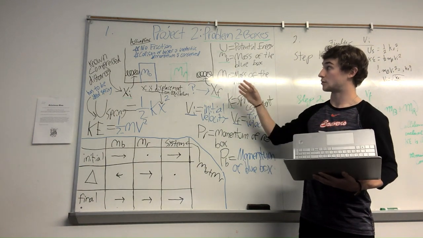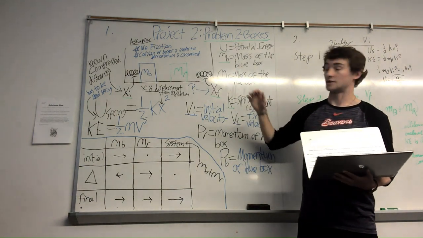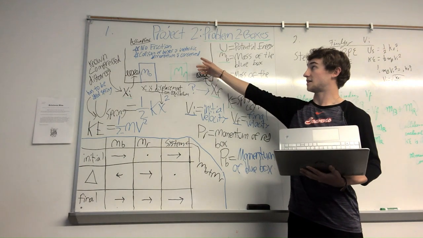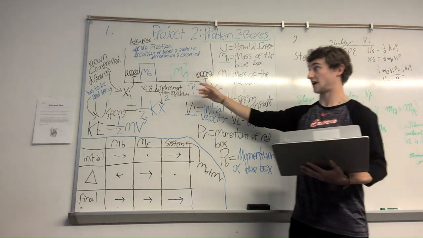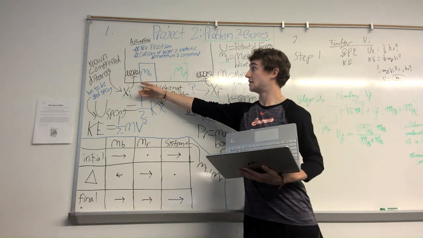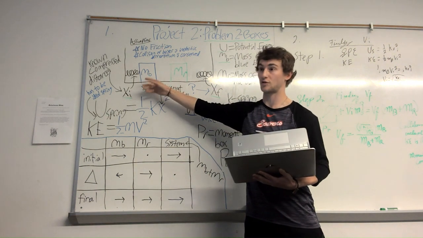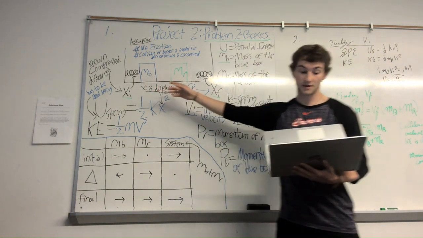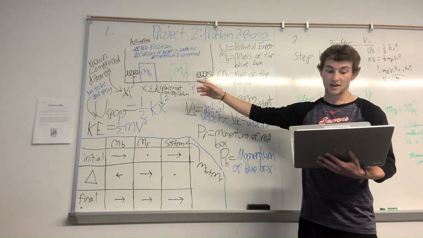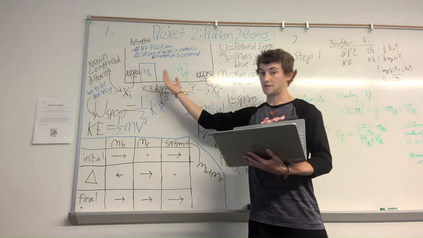Another important assumption is that the collision of the boxes is inelastic. What's going to happen is this spring here, with a known compressed distance, gets initially compressed, and that's on the left half of the table.